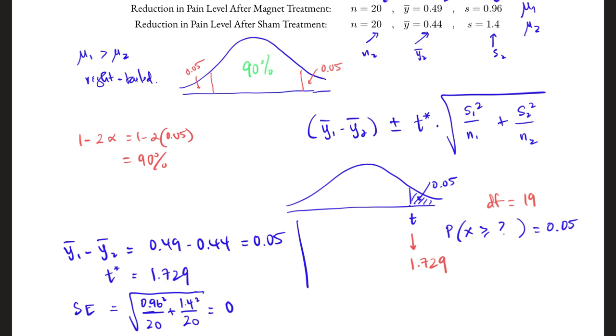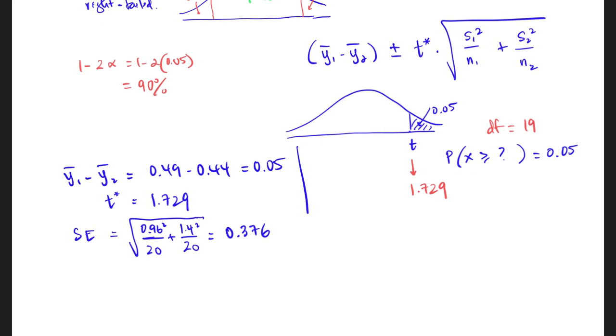We will get 0.376, where we round it to 3 decimal places. Now the difference in the mean is 0.05 plus or minus the critical value t star, 1.729, times the standard error, 0.376. There are two computations here.